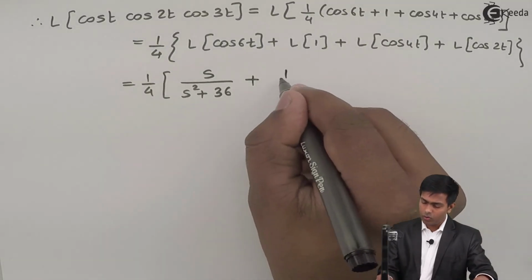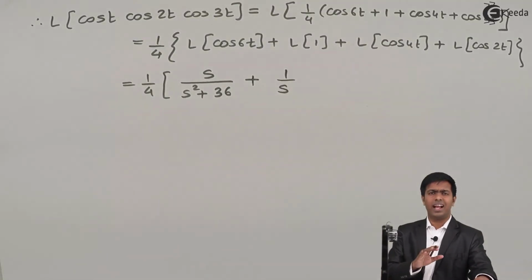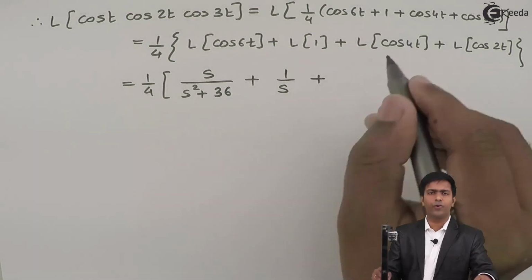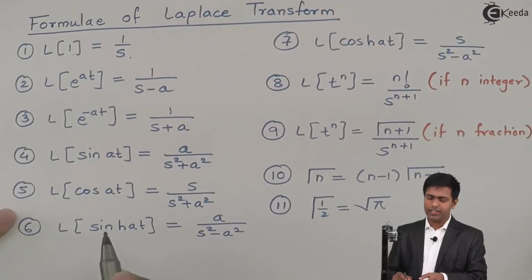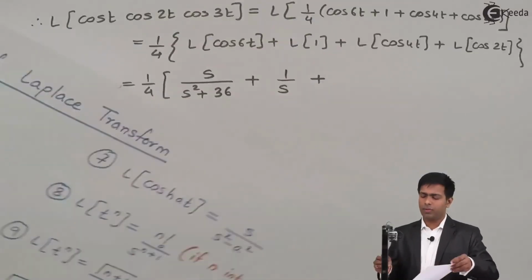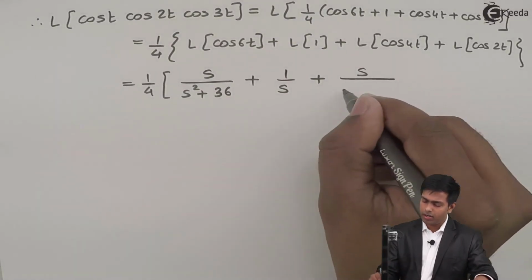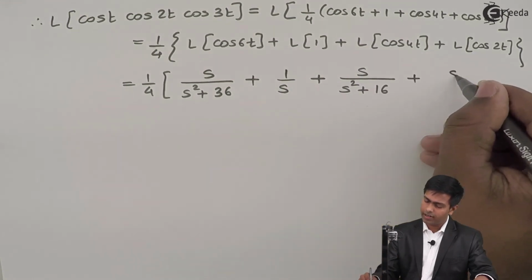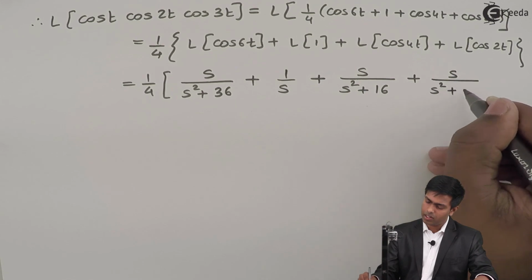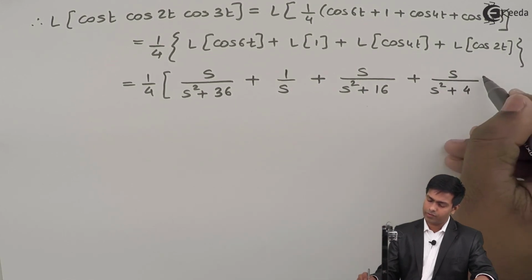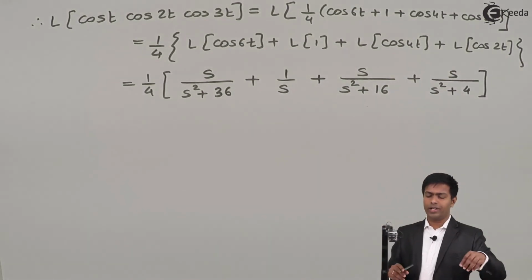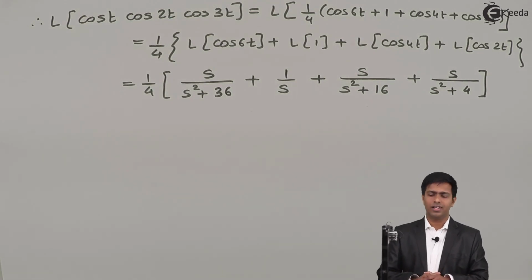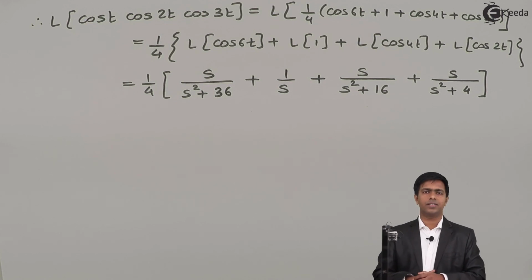So I'm just applying the standard expansions of Laplace transform, plus cos of 4t. Now again I'll apply the same formula, a is 4, so that will become s upon s square plus 4 square, that is 16, plus here we'll get s upon s square plus 4, that is 2 square is 4. And by doing this we got the value of Laplace of cos t into cos 2t into cos 3t.